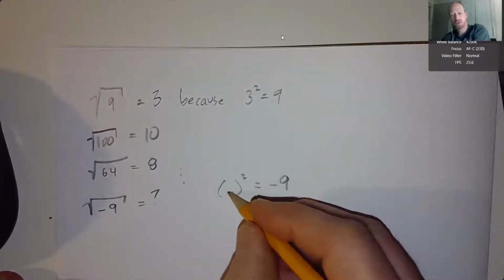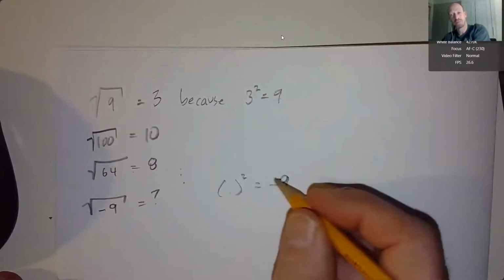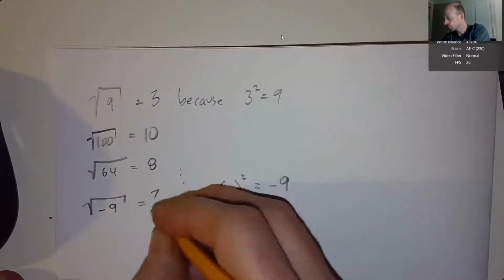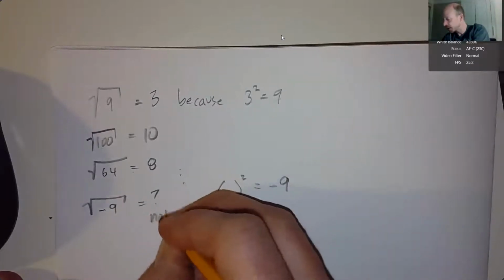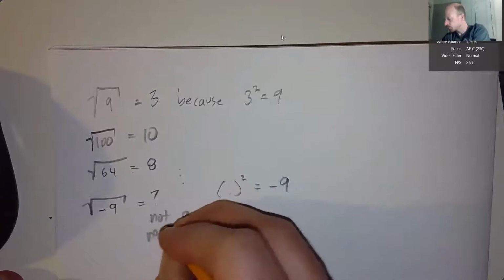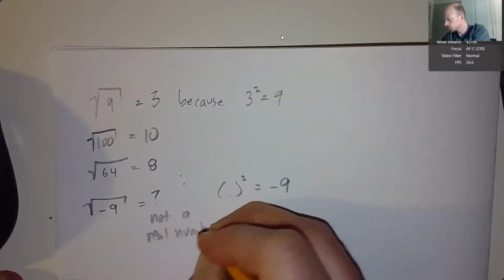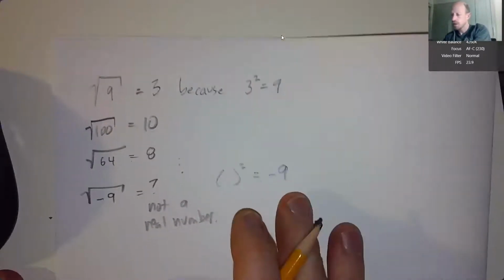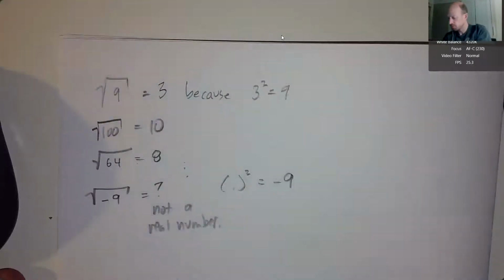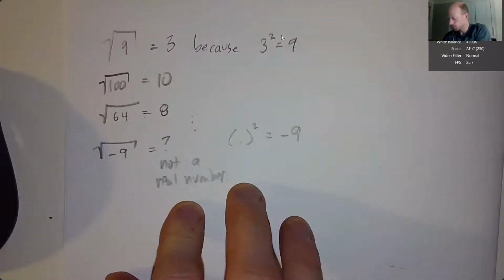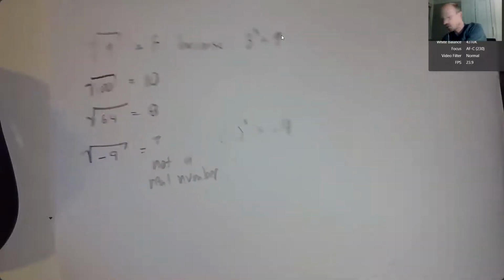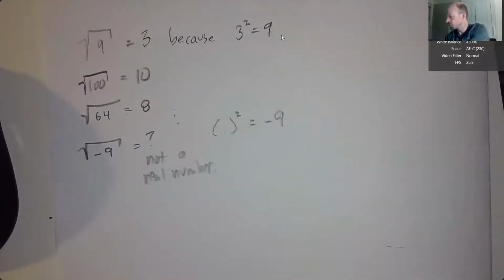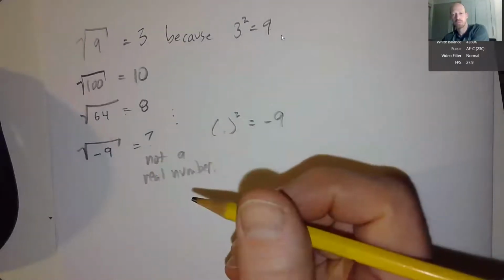Whether this is -3 or +3, when I square it, I get +9. So I don't know what this is, but it's definitely not a real number. And that's how we're going to start when you begin these problems. Your answer there will be not a real number when you have the square root of a negative.